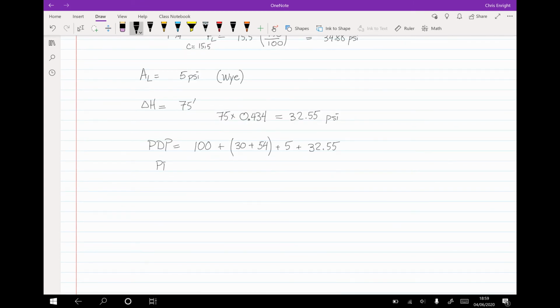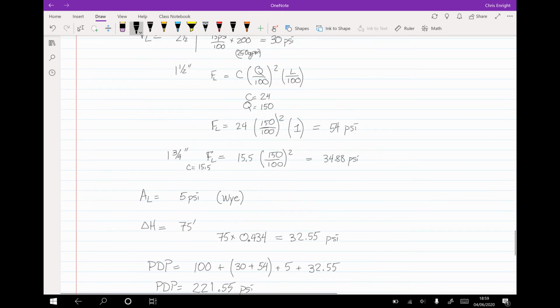So PDP equals, hold on, let me make sure I have this math right because I screwed it up earlier. 221.55 psi. So that's a fair bit of pressure.